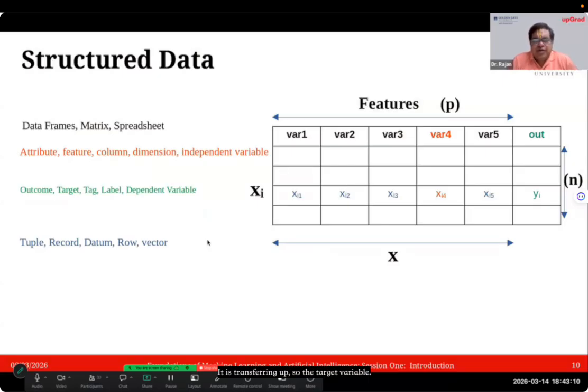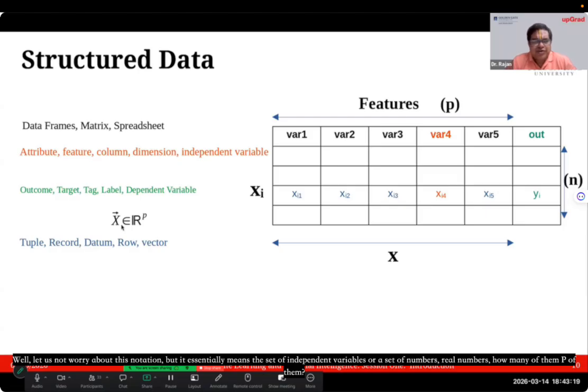So the target variable, usually mathematicians represent it in such a succinct form. We discussed this, so let's not worry about the notation, but it essentially means the set of independent variables are a set of real numbers. How many of them? P of them.